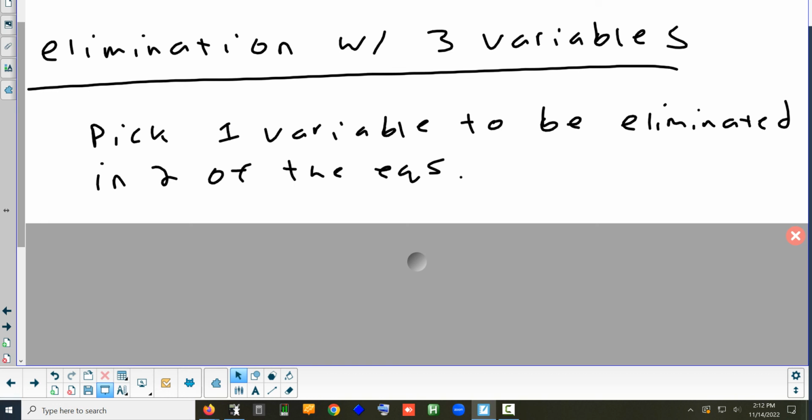The 3 letters you'll generally see are X, Y, and Z. And the goal is going to be to eliminate one of those letters twice. Which letter? You can pick any letter you want, whatever one looks easiest. Pick a letter, and we're going to eliminate that letter twice in 2 of the equations.